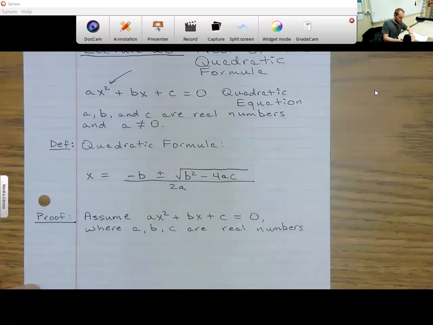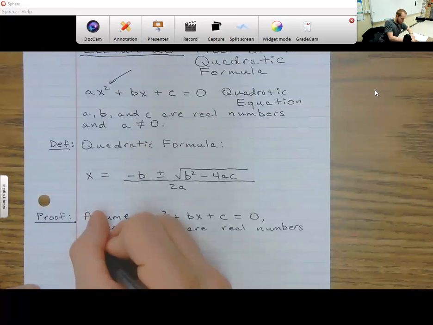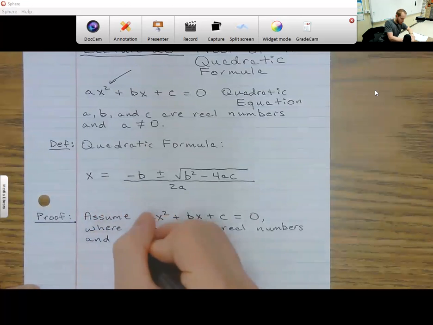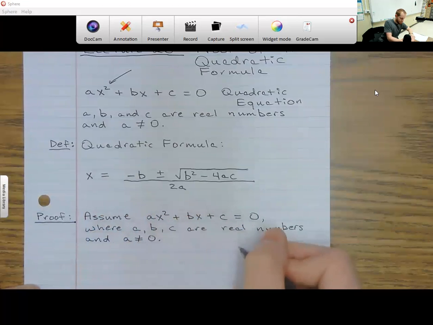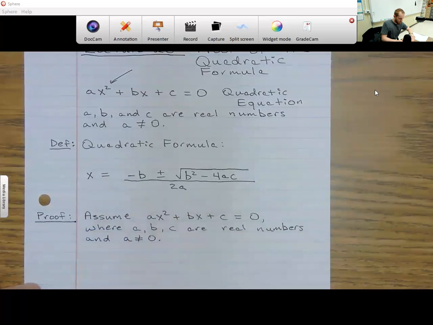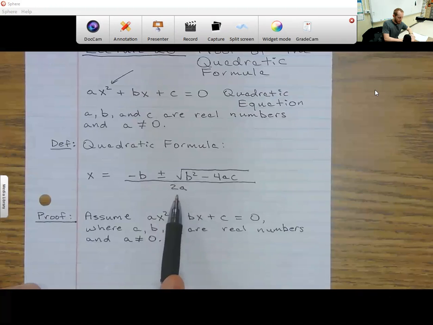And as always, a cannot be equal to 0. So this is basically what I just started off with. And we're going to assume a cannot equal 0, so that way, when we get to the very end, that 2a at the bottom, we're not going to be able to divide by 0, right? That's why a cannot be 0.